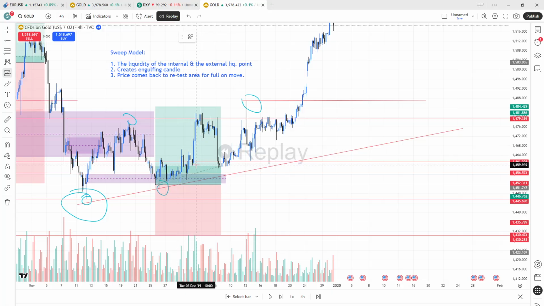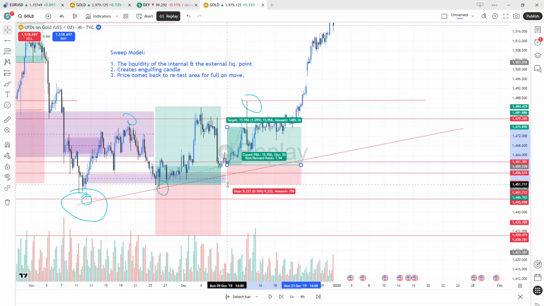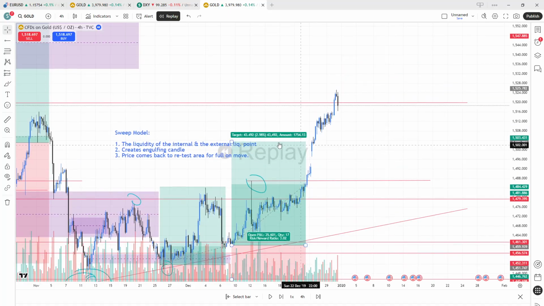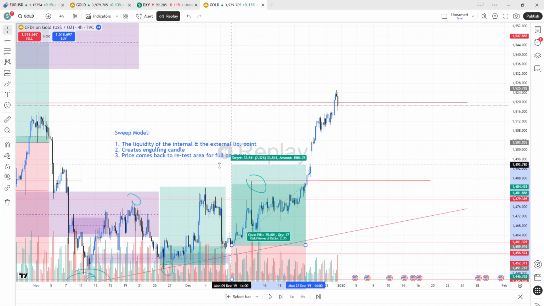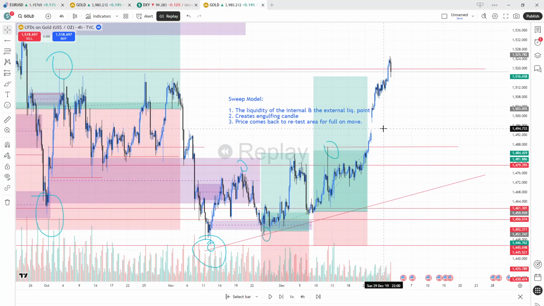Took out liquidity somewhere right here. Enter right here. Test. Hard stop here, right? For the next target, here. 1 of 3. I don't know about you, but that sounds pretty darn good, right?